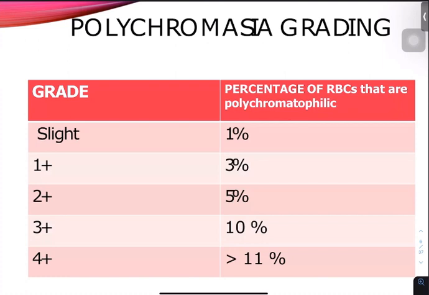If in a 100 cell count of RBC, one is polychromatophilic, that is graded as slight polychromasia. When it's 3%, 3 of that 100, the grading of your polychromasia is +1, and so on. Greater than 11% is 4 plus polychromatophilia.